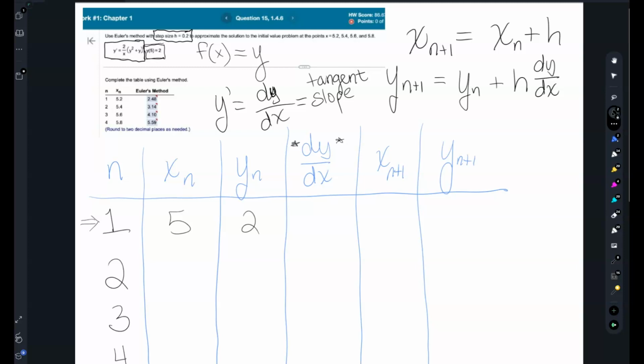It says take 2 divided by your x value, which is currently 5, and multiply that by y squared plus y. So inside the parentheses, we end up with 4 plus 2, which is 6. So we have 2/5 of 6, which is 12/5.